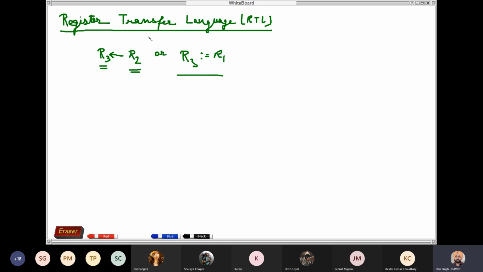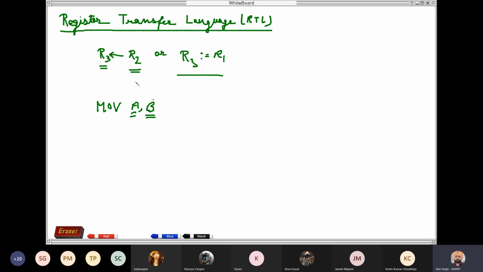For example, in microprocessor 8085, we write MOV A, B. As per the instruction, here the register B acts as the source of data and A as the destination of data.